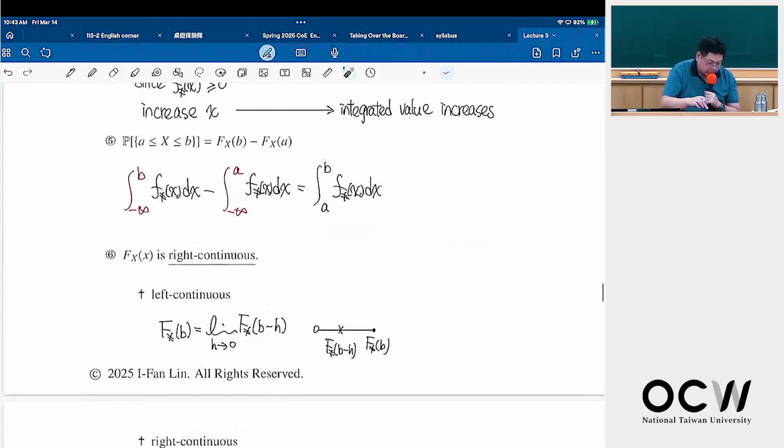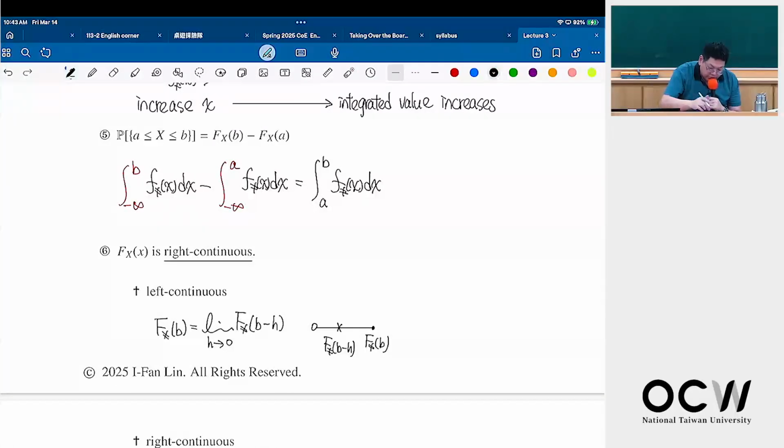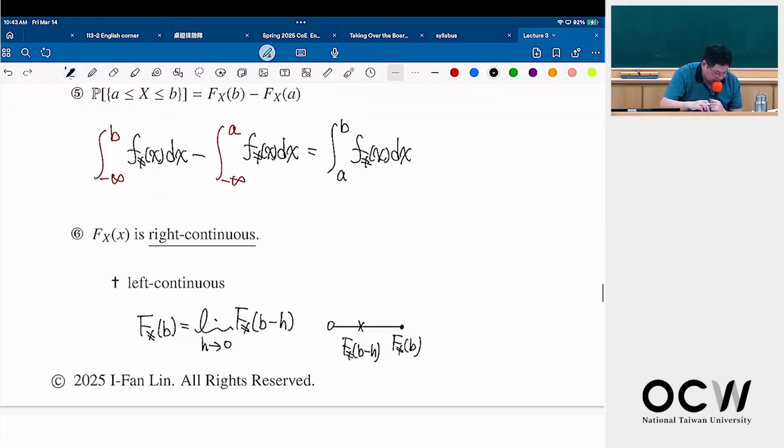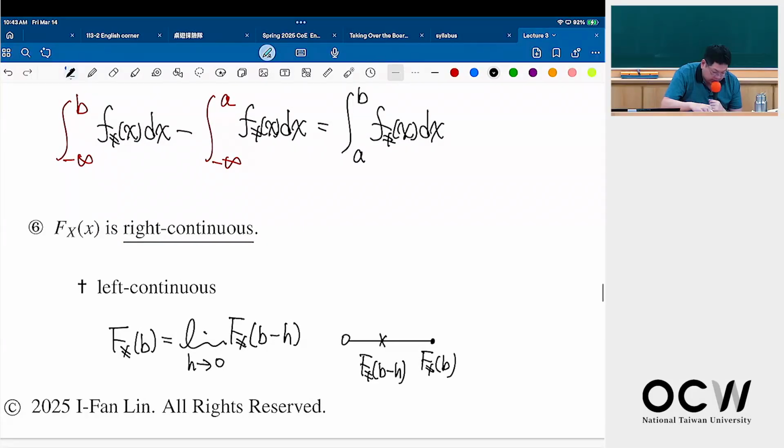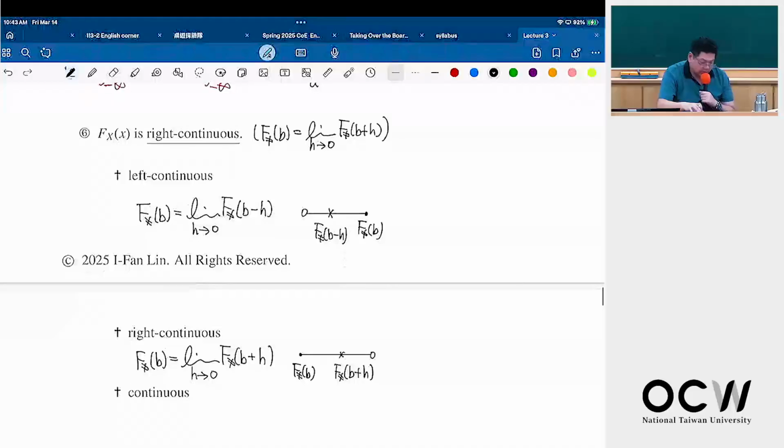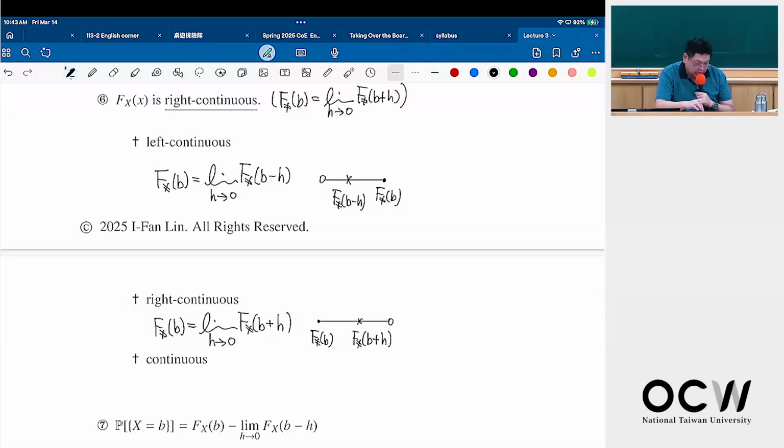So here we can also write, then I have a right continuous and left continuous.